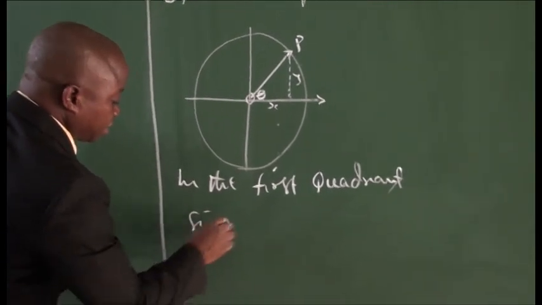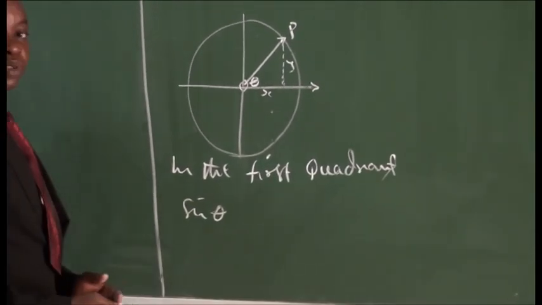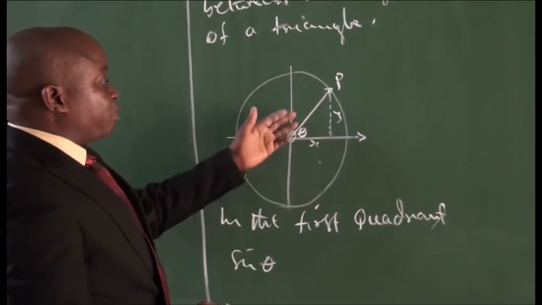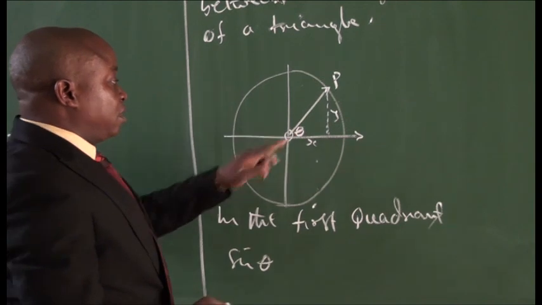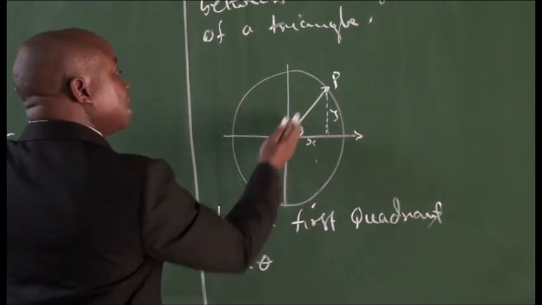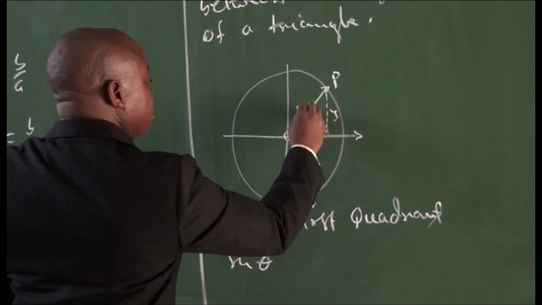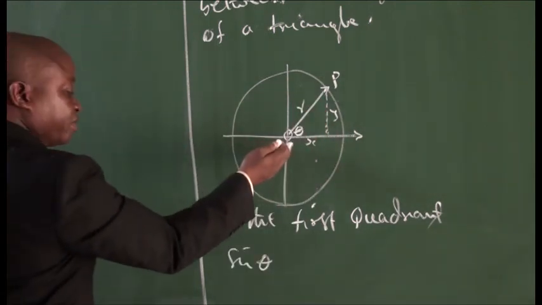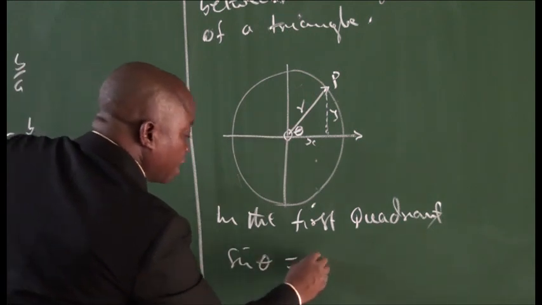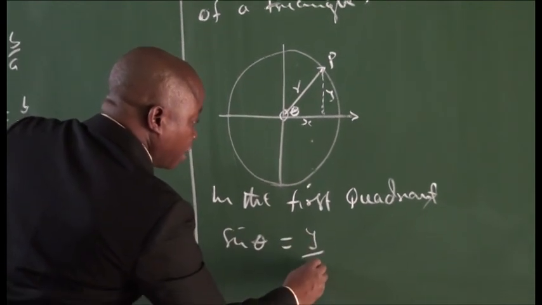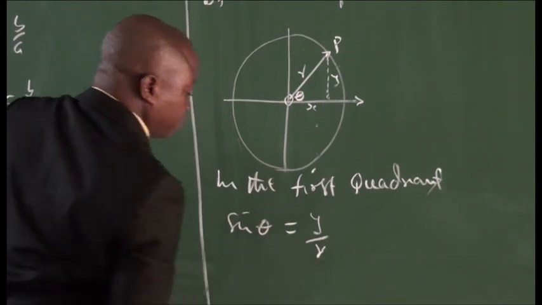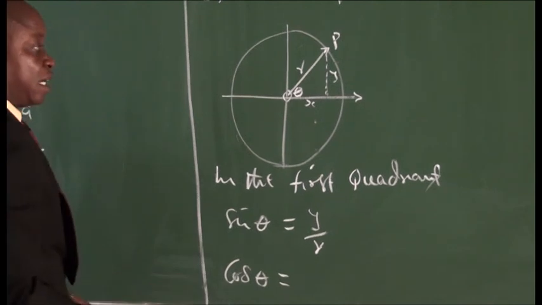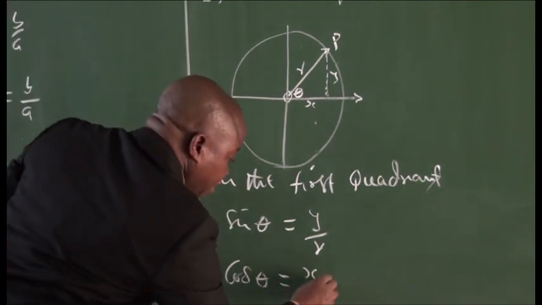Right, we now see that in the first quadrant, sine theta is opposite all over hypotenuse. Now this is opposite. Let the line OP be represented by R. So we now see that we have sine theta equal y over r. Then cos theta is adjacent over hypotenuse, that is x over r.